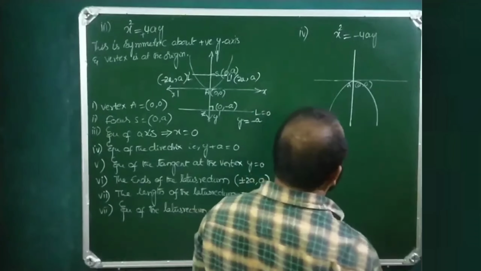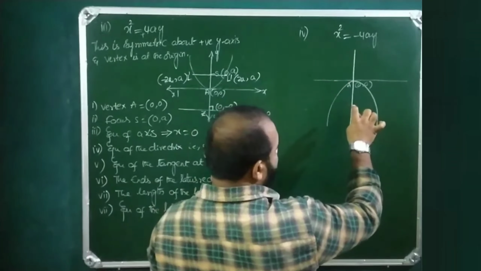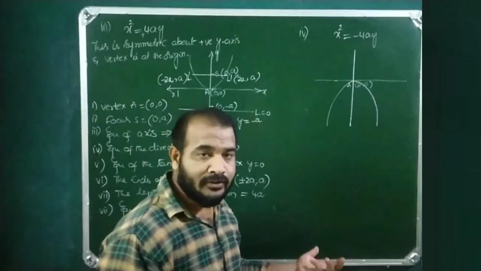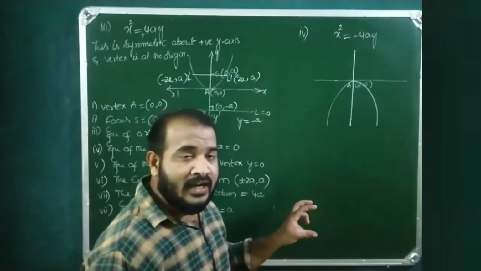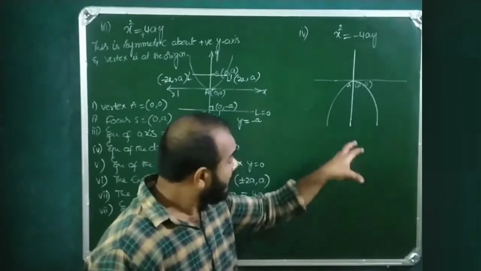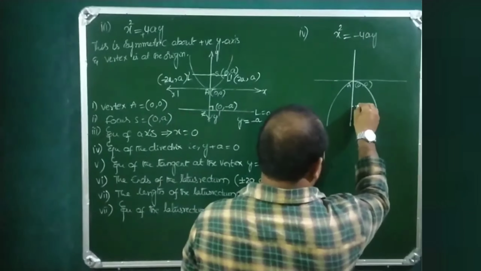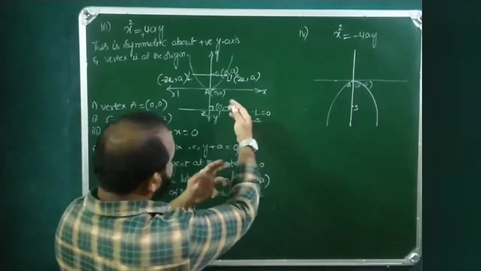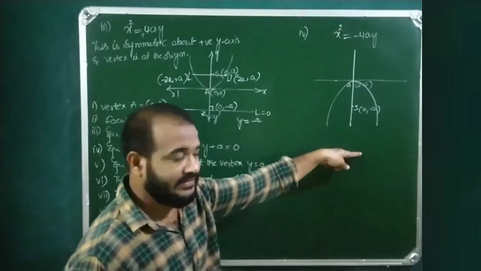Its focus lies on the principal axis. The fixed point lies on the principal axis, and the straight line passing through the fixed point is called the axis or principal axis. So this is S here. Earlier S was 0 comma a, but now S is 0 comma minus a, because this is the negative y-axis.